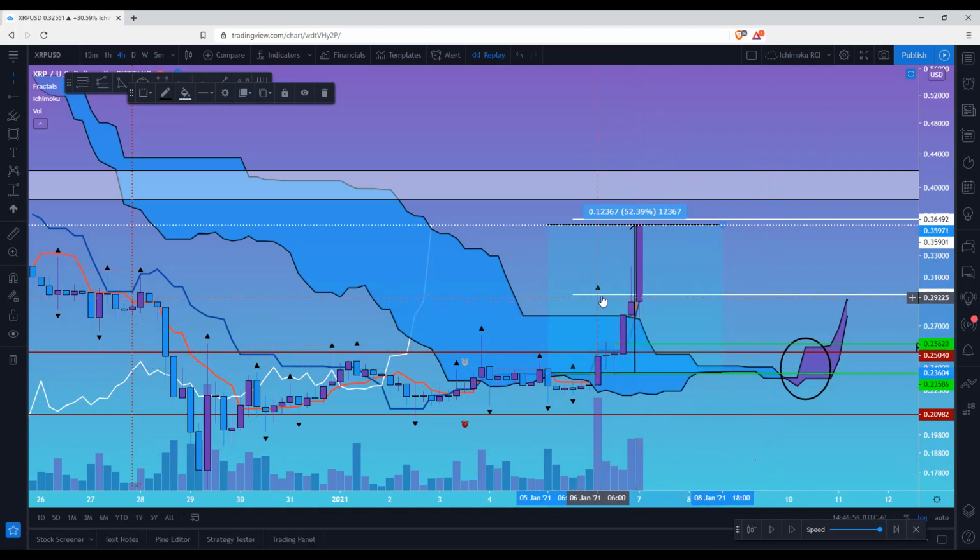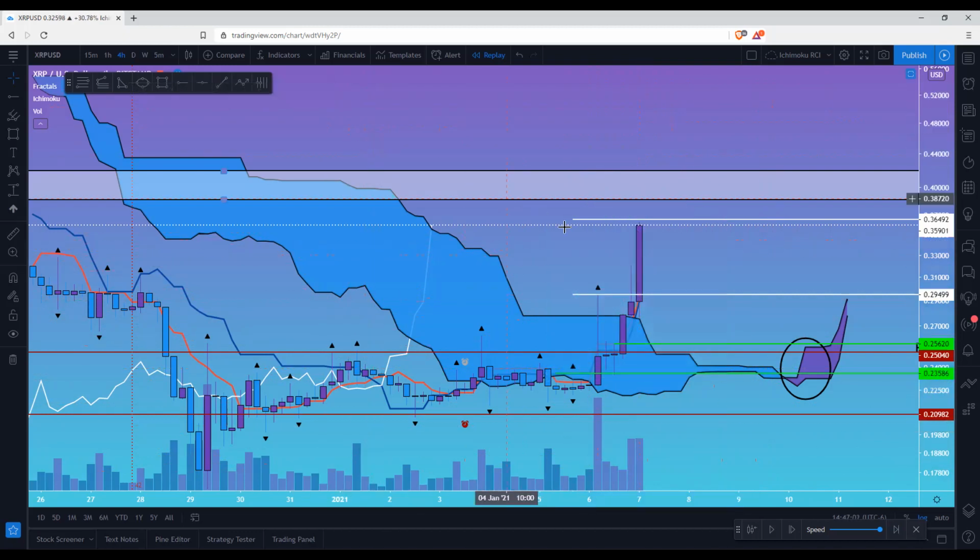So notice here how I marked this high at 29 cents. I said earlier today, be careful for a pullback. I was actually supposed to get in on that pullback, but I got a phone call and missed it. I was so sad.